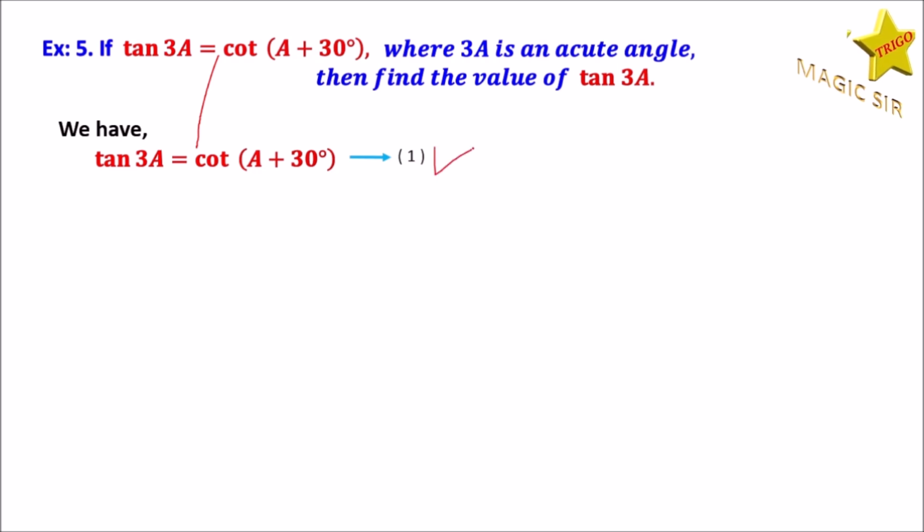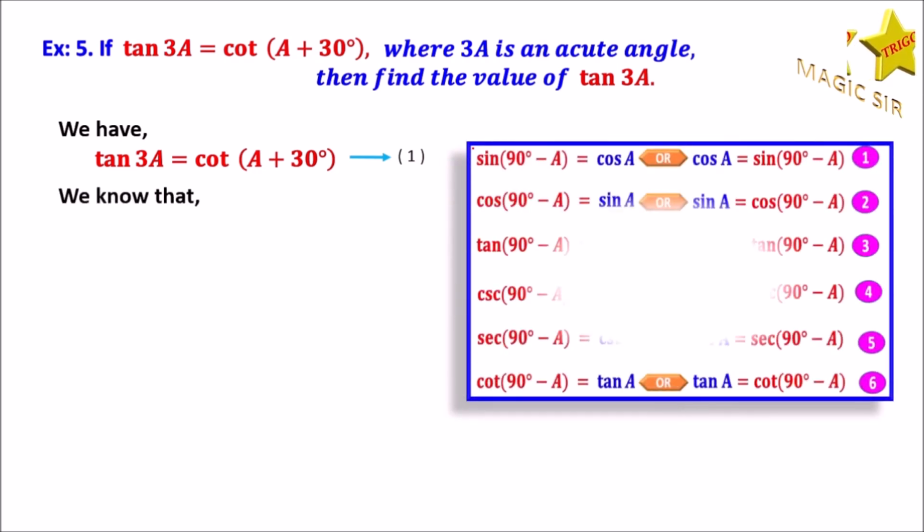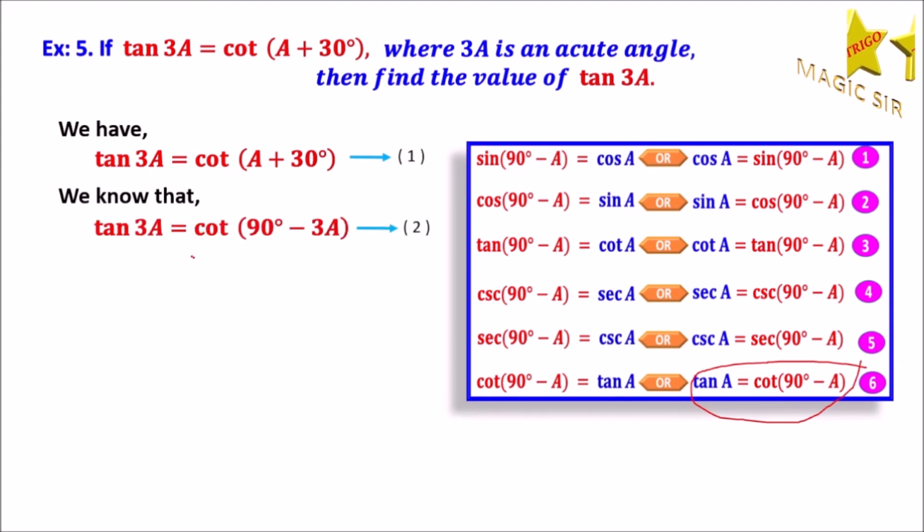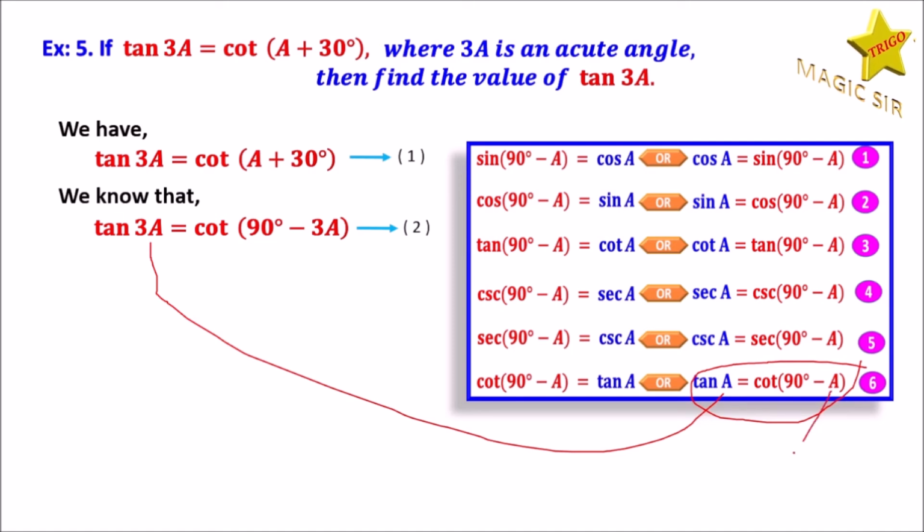Equation 1. And we know that tan A is equal to cot 90 degrees minus A. See the formula number 6. We take 3A instead of A. So tan 3A is equal to cot 90 degrees minus 3A. Second equation.